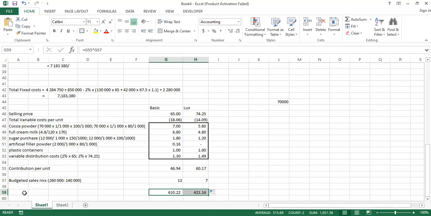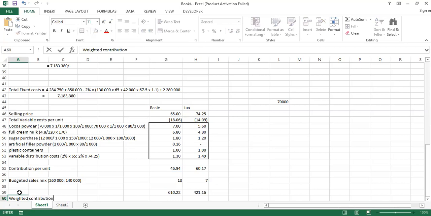So let's say now weighted contribution. Weighted contribution should therefore be 610.22 plus 421.16. The total of those two there. So let's put it up there, 610 plus that amount.